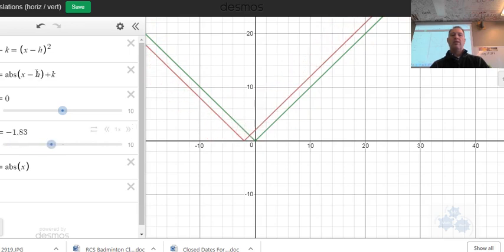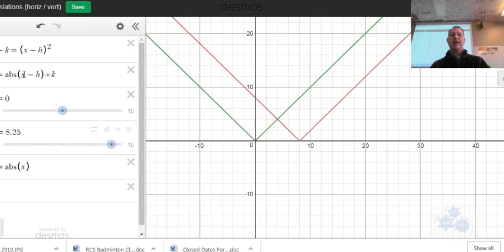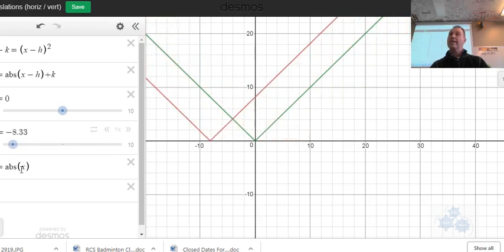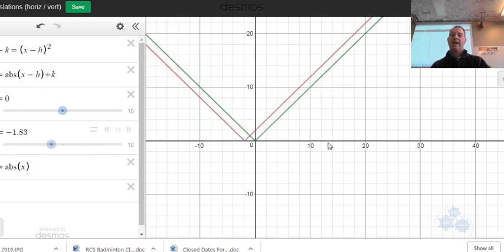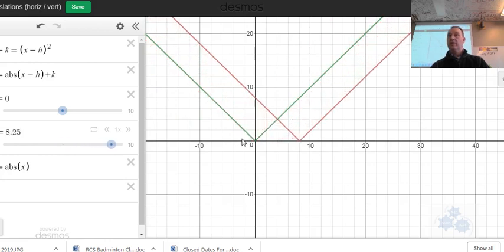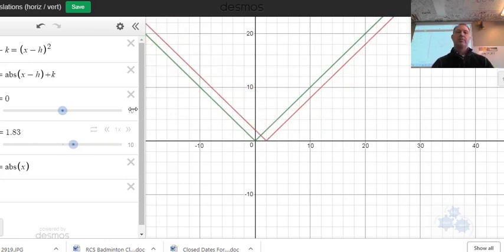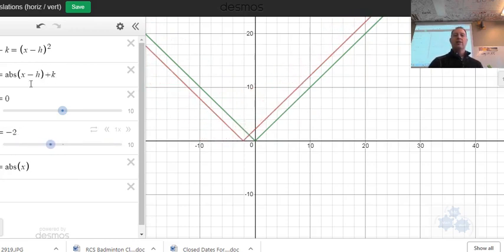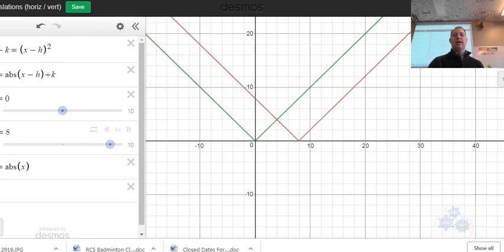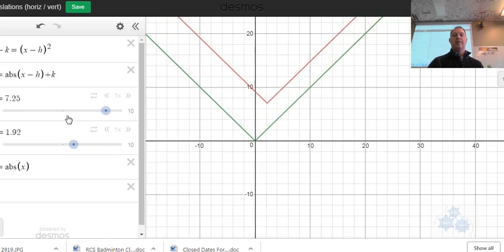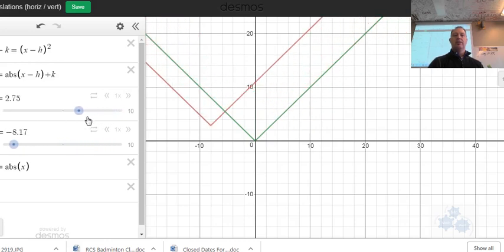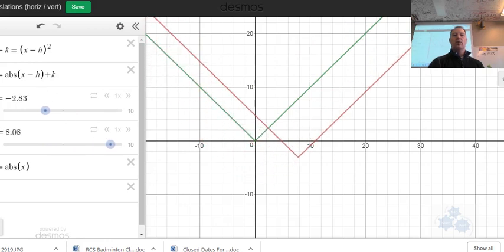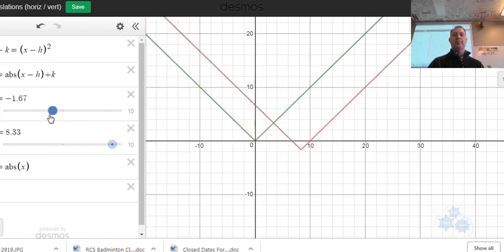So when there's a number inside this absolute value function with x, that changes the x coordinates. Now watch this. If I had a number that changed the x coordinate as well as the y coordinate, look what happens. The graph changes in both directions. Okay? So it can change left to right or up or down, no problem.